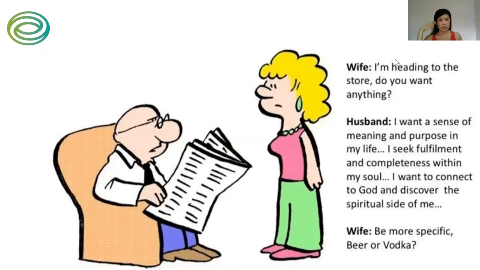So it's about visually being able to see it in your imagination, in your mind, to see what your goal is. It's about firing up your senses: being able to see, hear, and feel what your goal is.